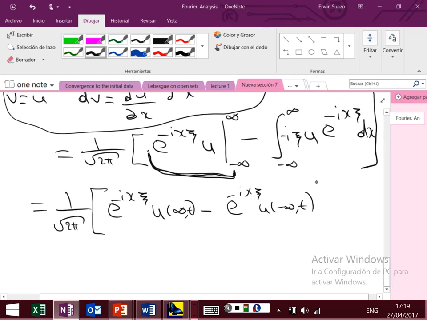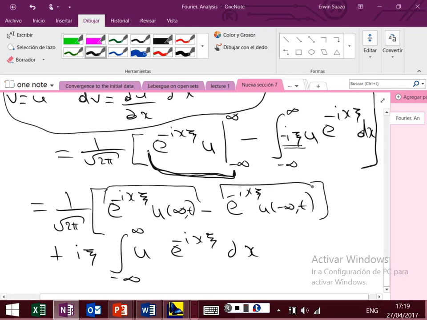Then minus times minus is plus, and the i xi, what can I do with this i xi? Because my integral is with respect to x, I can take it out. So i xi, and then the integral of u e to the minus i xi x dx from minus infinity to infinity. So what would be nice? If I want these terms to disappear, what condition could I put?